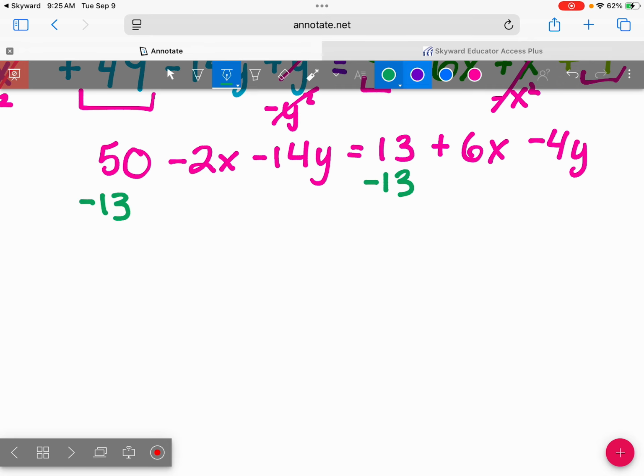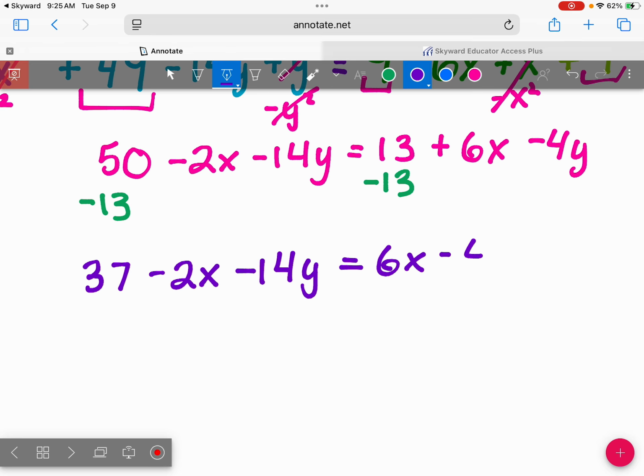There we go. So that will give us... My brain stopped. 36. I was going to say, I thought it was 36. But, yeah, no, 37. Minus 2x minus 14y equals 6x minus 4y.